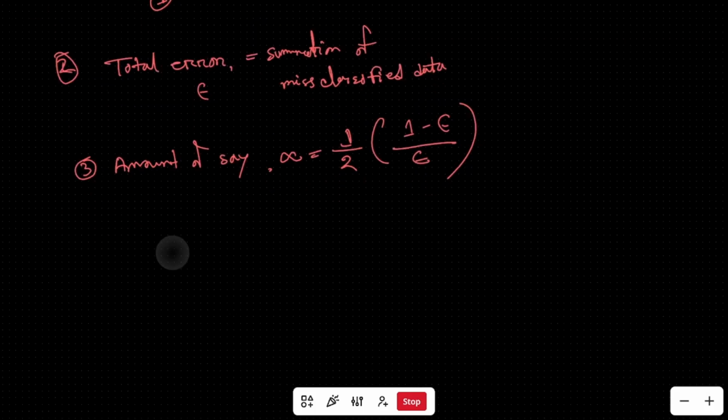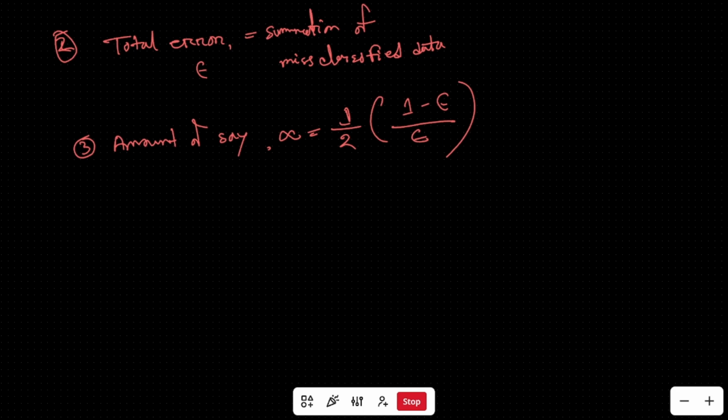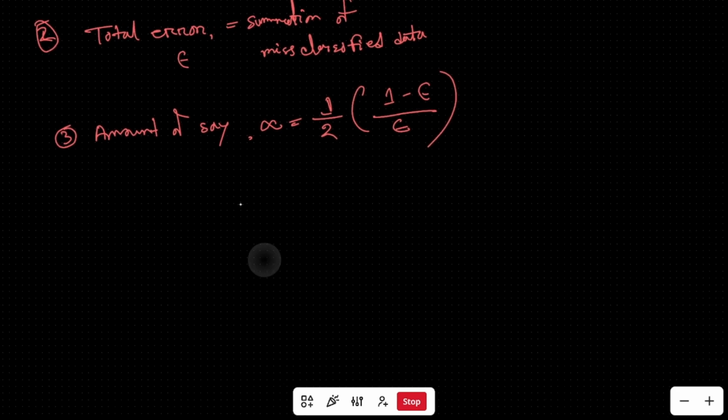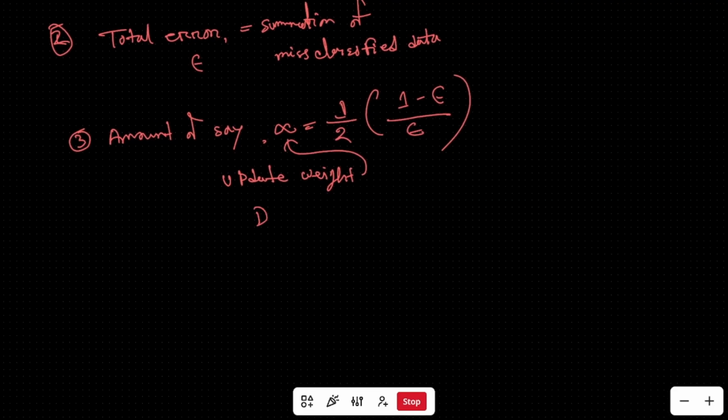And then we update the weight using this value. There are two different formulas.